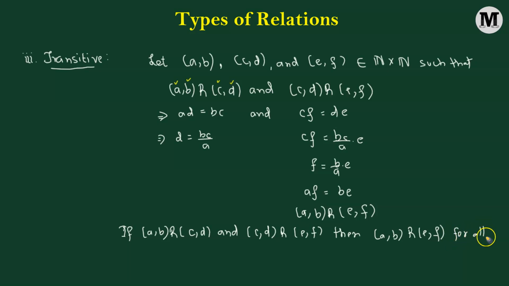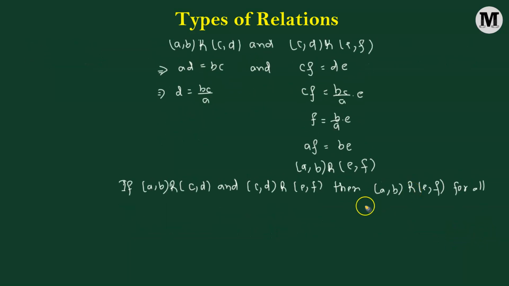For all values of the ordered pairs A comma B, C comma D and E comma F belonging to the Cartesian product of n with itself. So this simply tells us that our relation R is transitive as well. This is also a transitive relation.